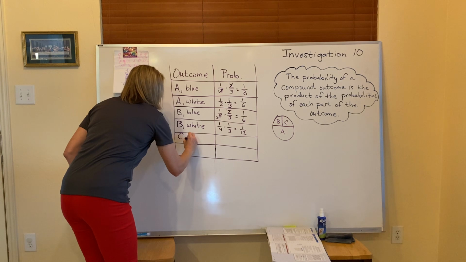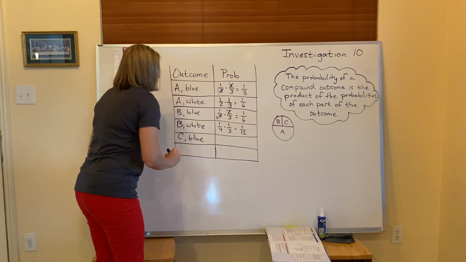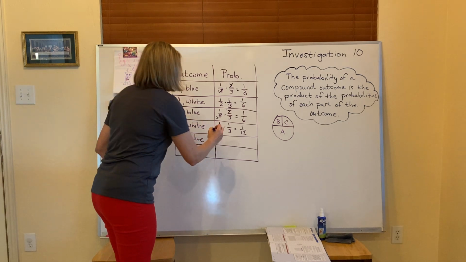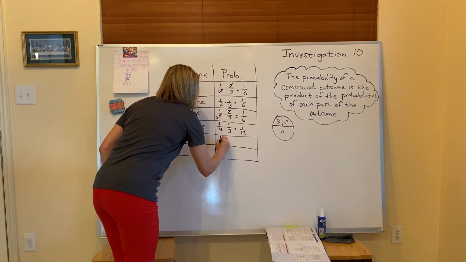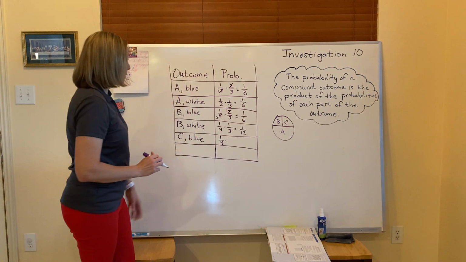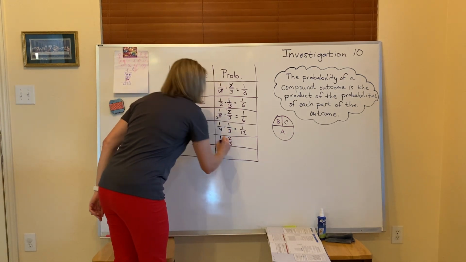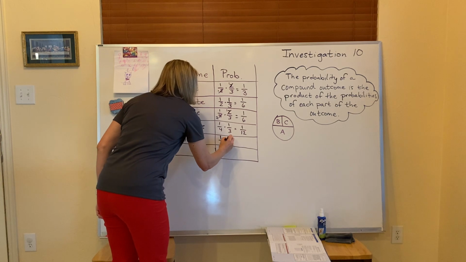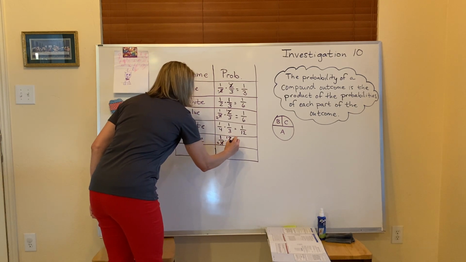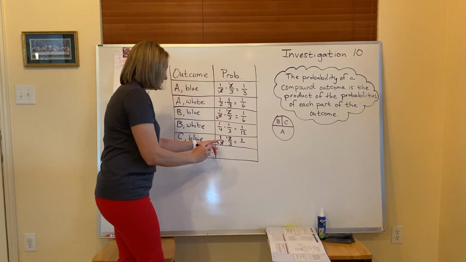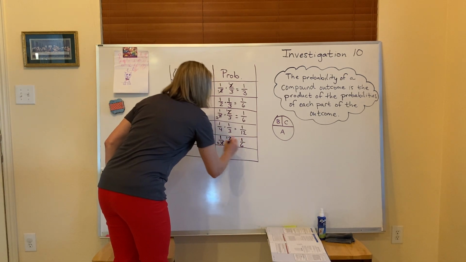C, blue. So our probability of landing on C is 1/4. Our probability of drawing a blue marble is 2/3. Let's reduce our fraction first to make it easier. 1 times 1 is 1. 2 times 3 is 6.